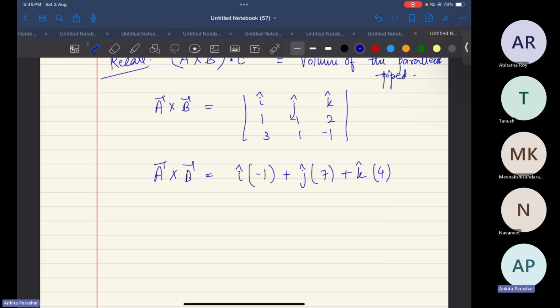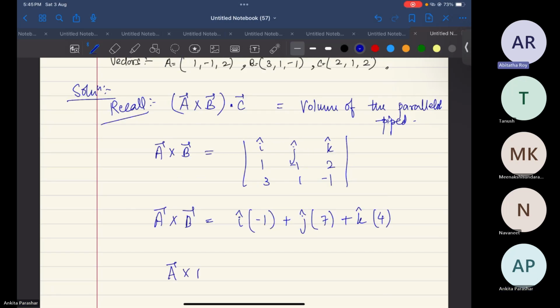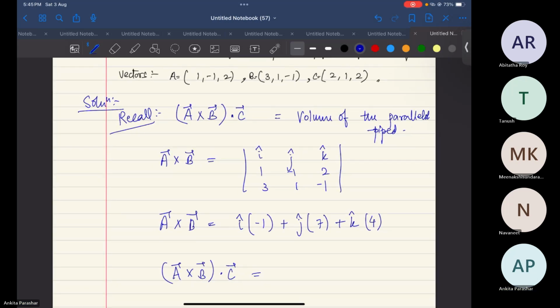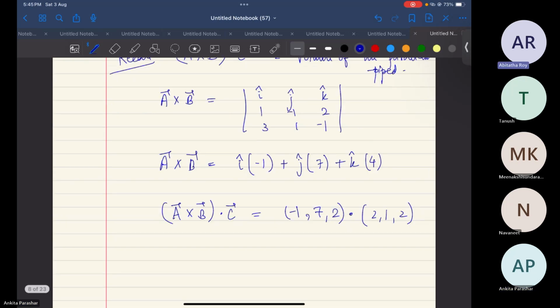And now can you tell what is the volume? We will basically just take the corresponding coordinates between A cross B and C and multiply them. This is the A cross B coordinate, and what is the coordinate of C?